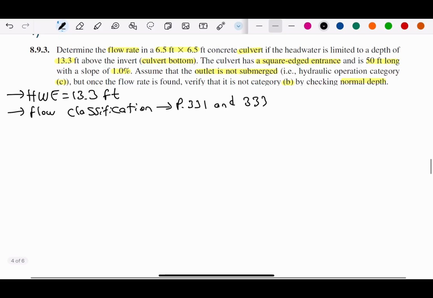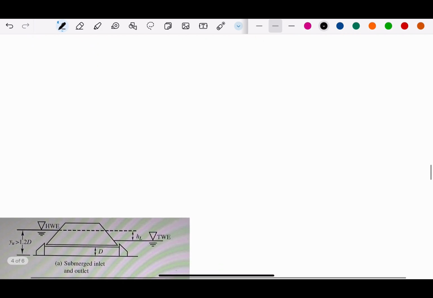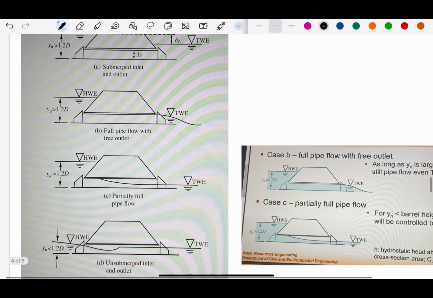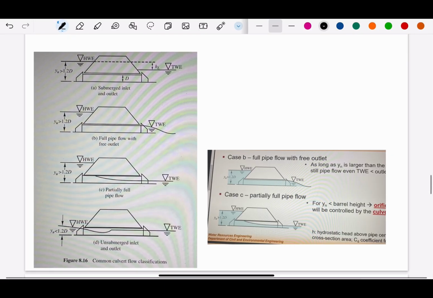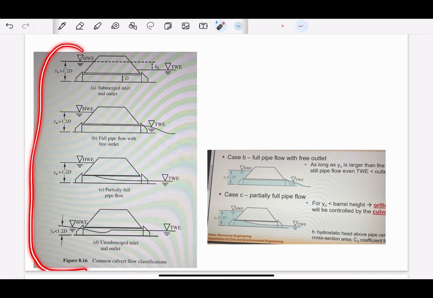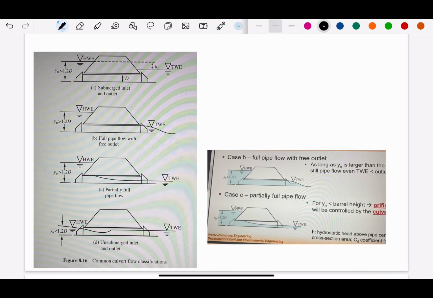So in this page, you will see information about these flow classifications. And you will also see this figure in this page, figure 8.16. So let me write a few things here.